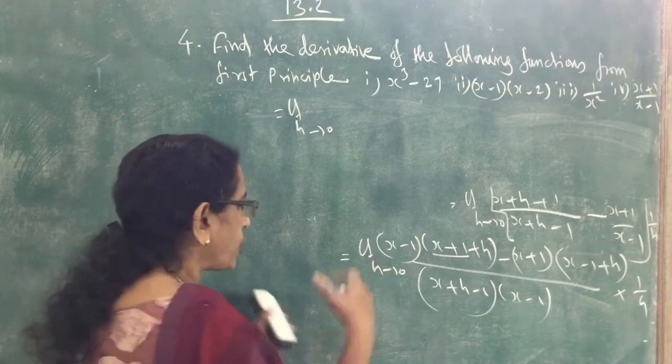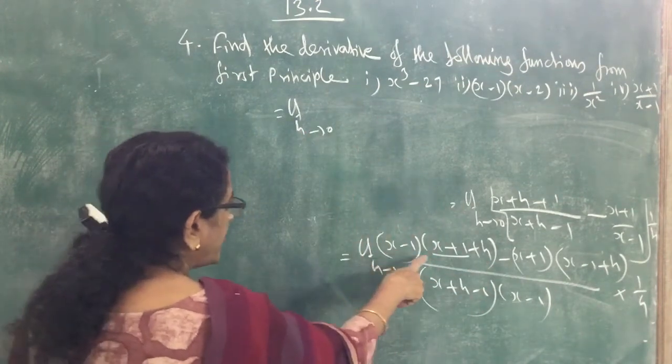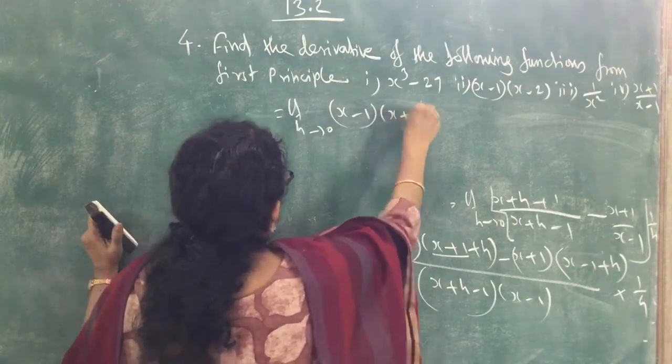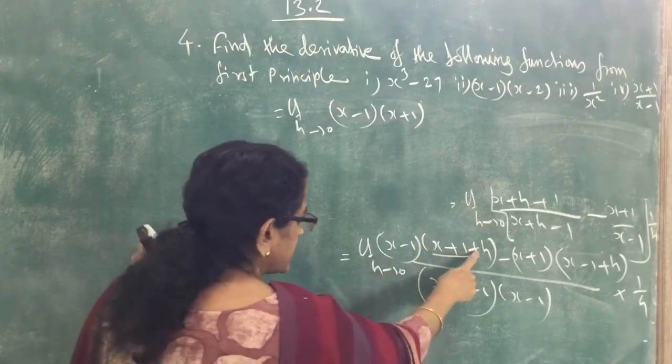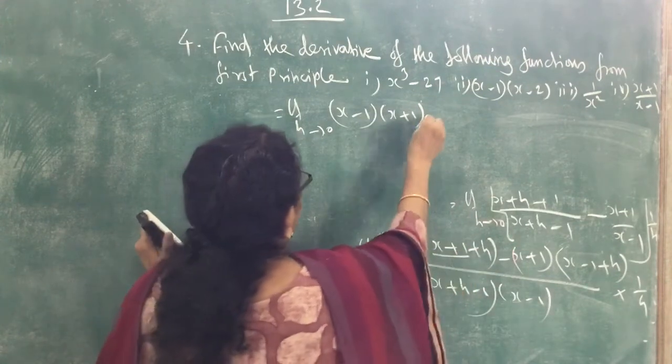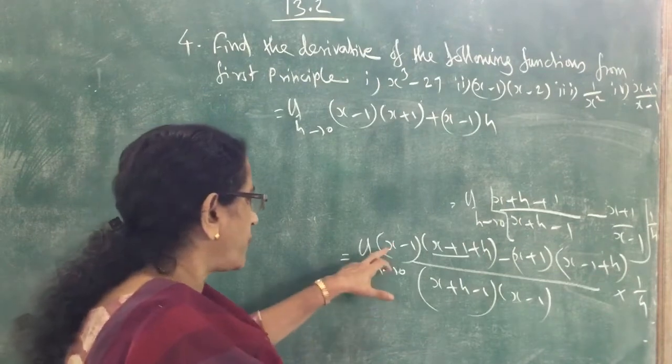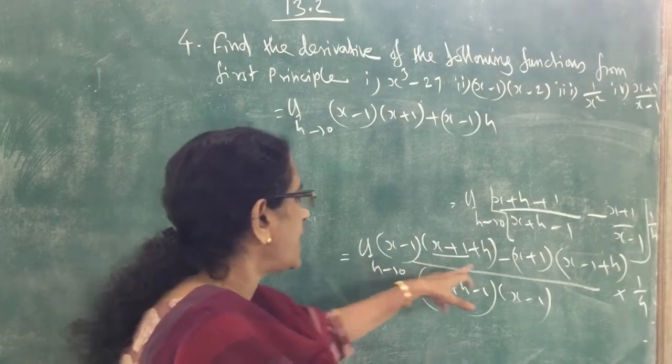So I am going to write like that. So x minus 1 into x plus 1, then x minus 1 into h. So this term over, this multiplication over, minus.